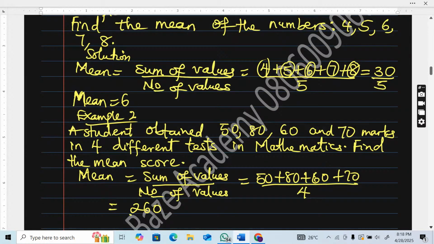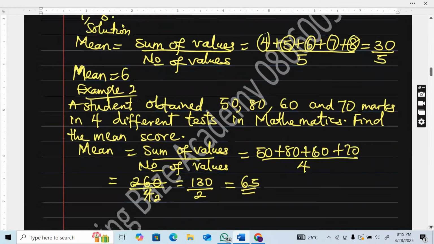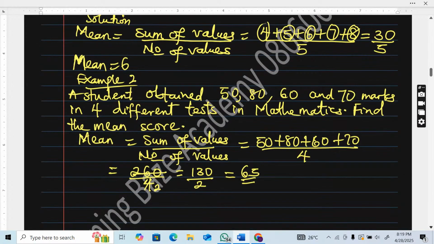So that will be 260 divided by 4. 2 goes into 4, that's 2. 2 goes into 260, that is 130. So that will be 130 divided by 2. The answer is 65. So the mean score is 65.